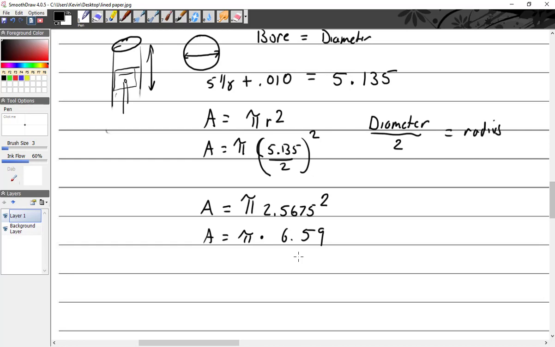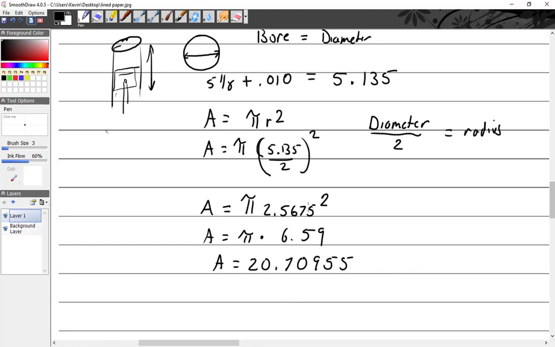I just hit times and then the pi button, which is on the left, third one down, equals, and so my area equals 20.70950955 and a bunch of other numbers.